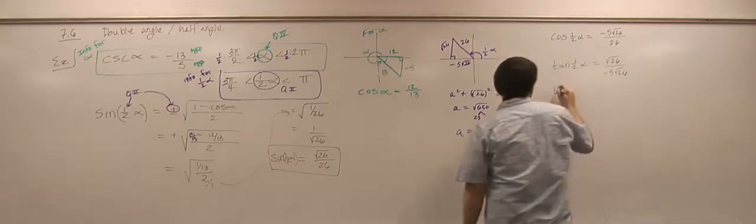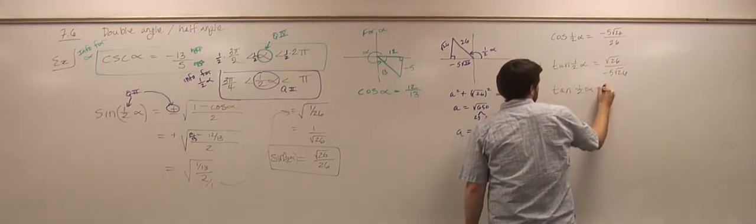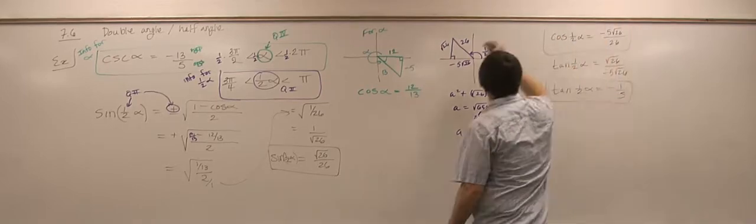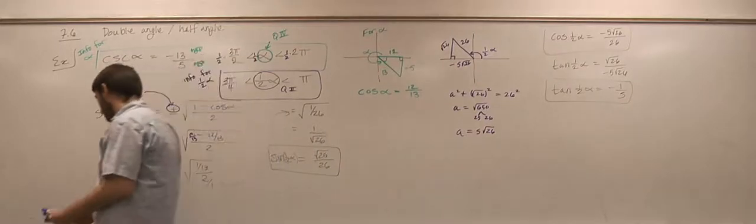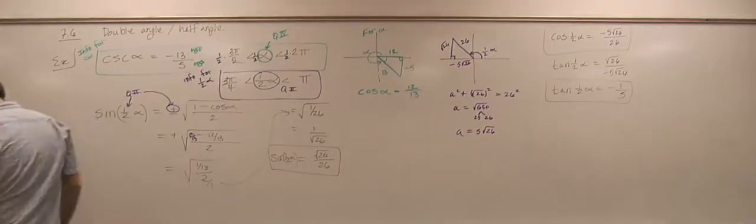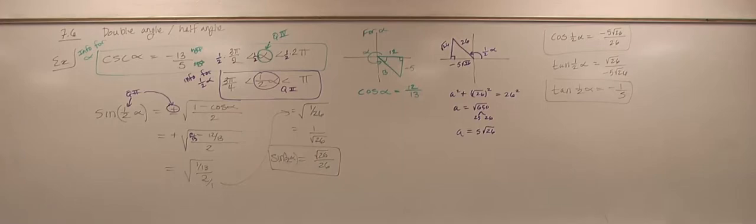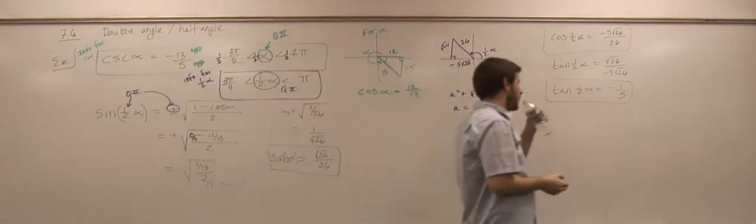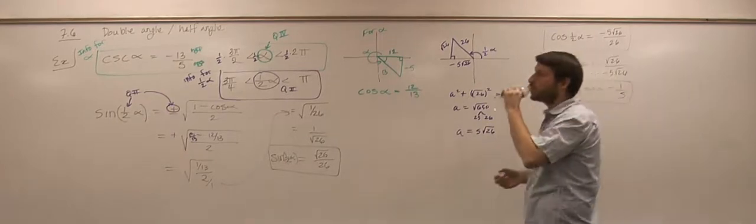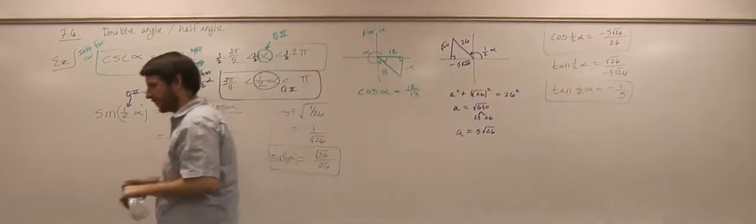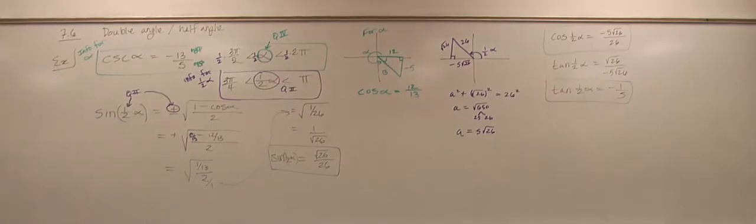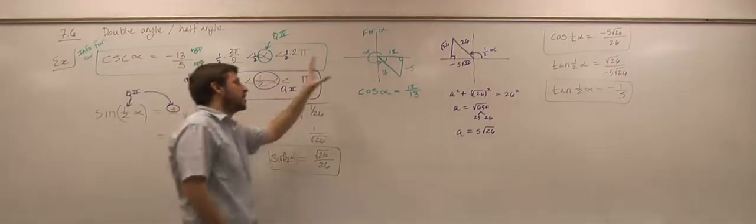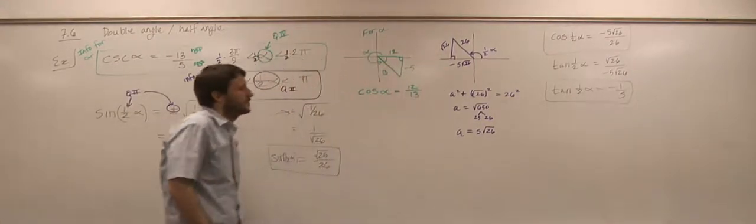So altogether this last one will be negative 1 over 5. So once you get your foot in the door, then you can draw a triangle to get the other piece of information.